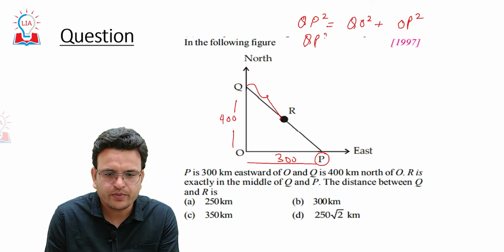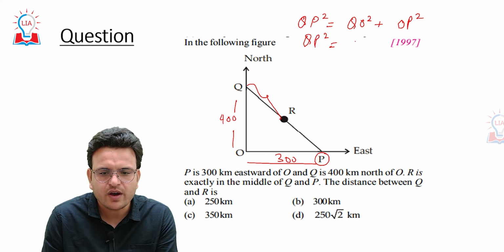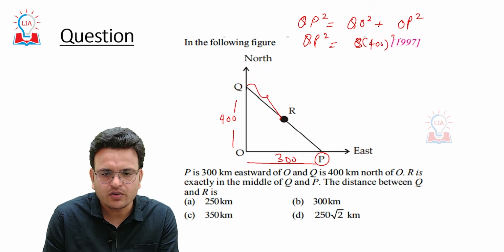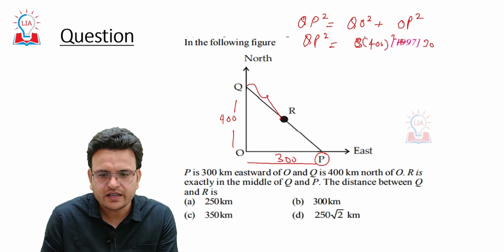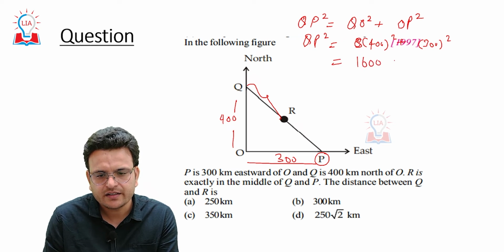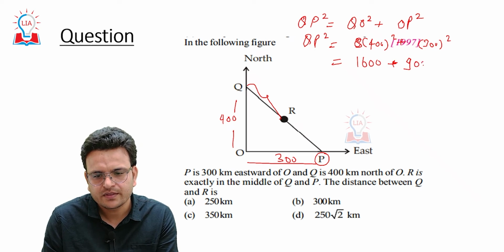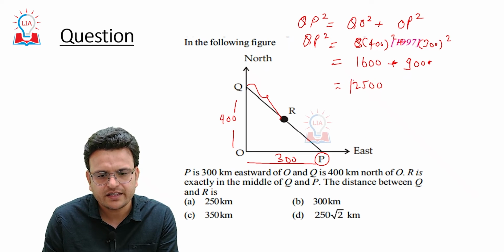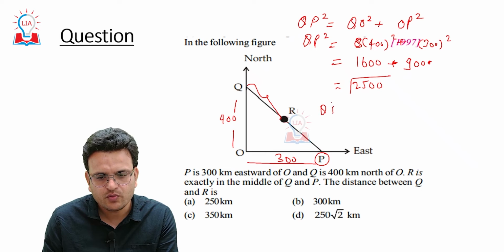So QP square will be 400 square plus 300 square. It becomes 1600 plus 900, 2500, root of that. So QP will be 500.